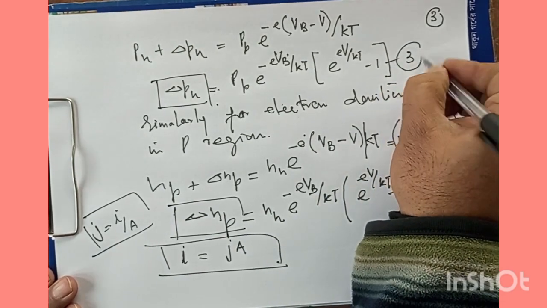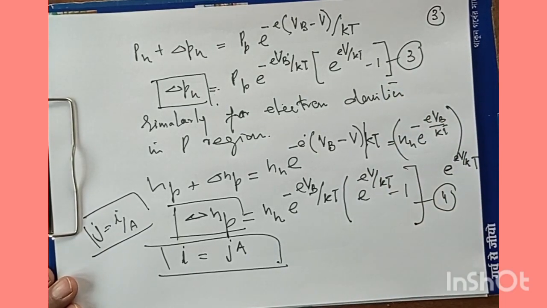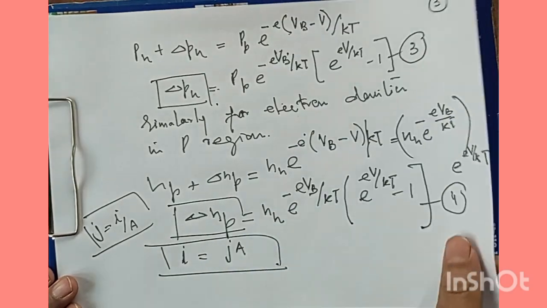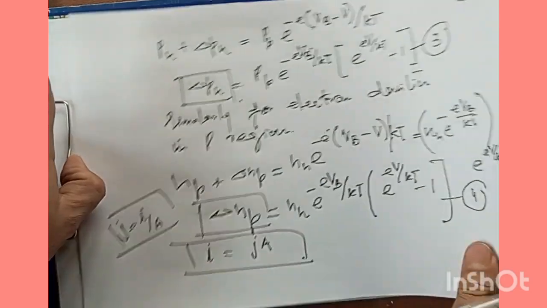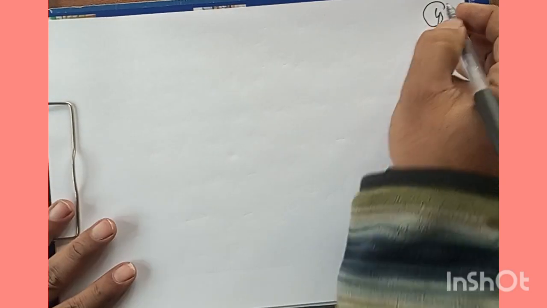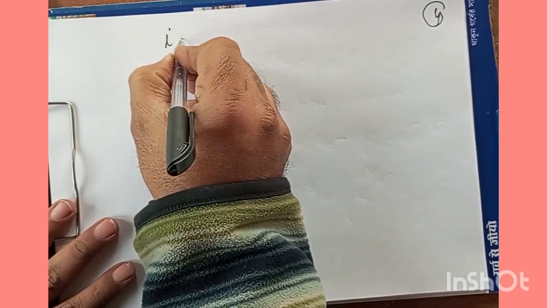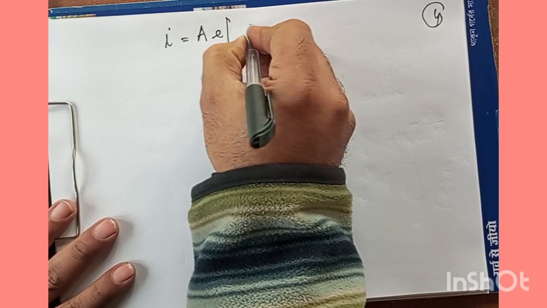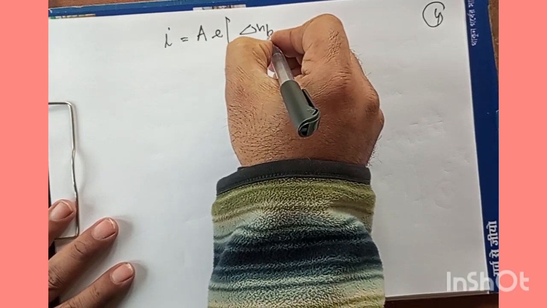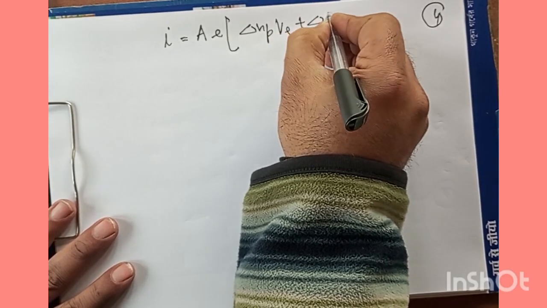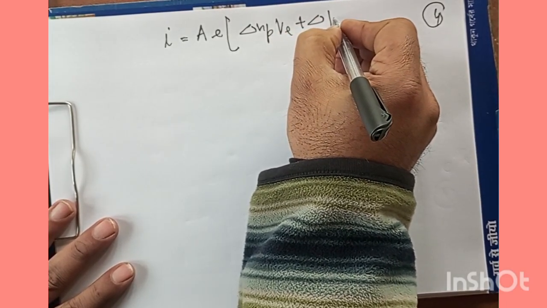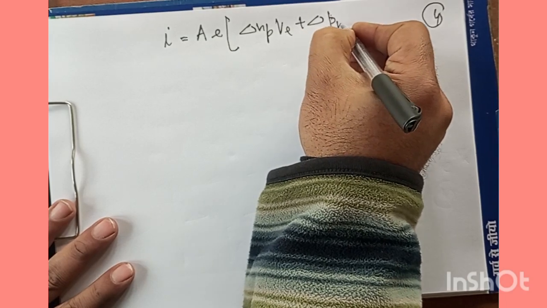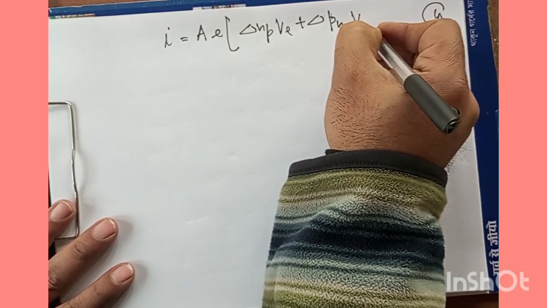So if this is equation number 3 and this is equation number 4, what should I do now? I should write down the current as I equals A E times delta Np VE plus delta Pn VH.